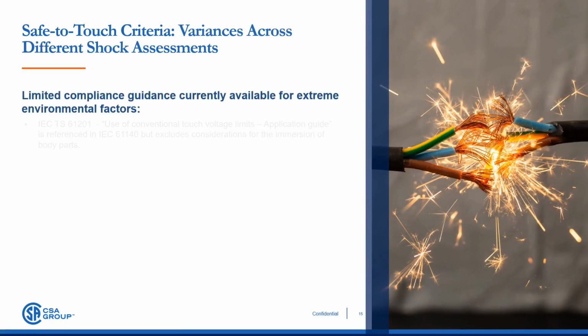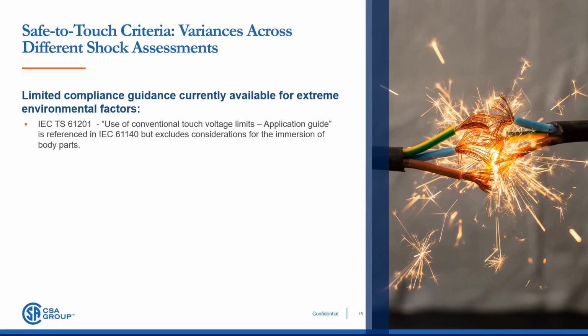IEC TS 61201 is an application guide for the use of conventional touch voltage limits, and as referenced in IEC 61140, provides guidance for end product committees, though it explicitly notes it excludes considerations for the immersion of body parts. Currently, therefore, there is limited applicable guidance for shaping the end product requirements in conditions with extreme environmental factors.